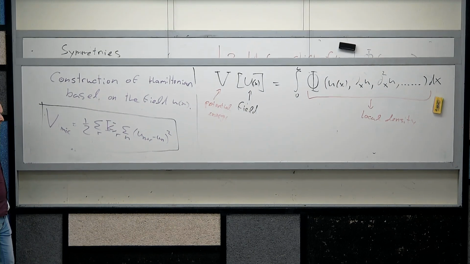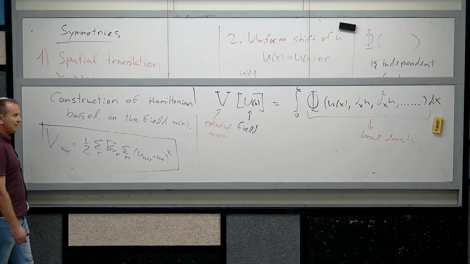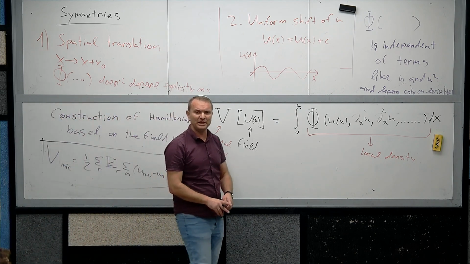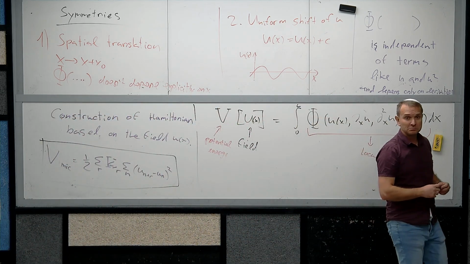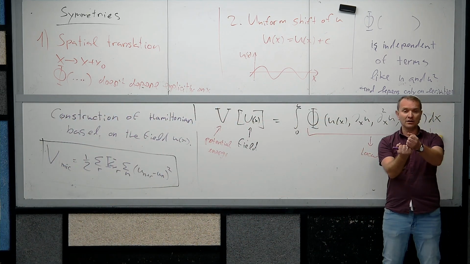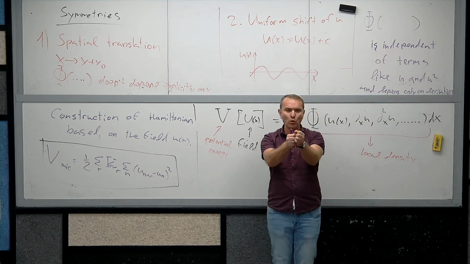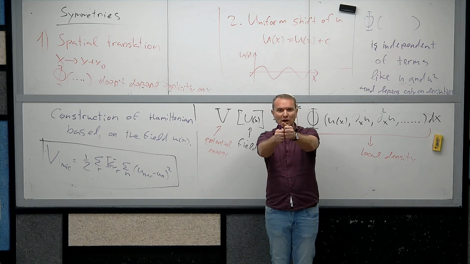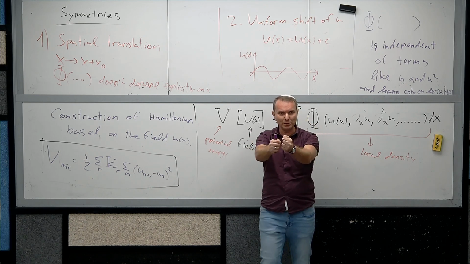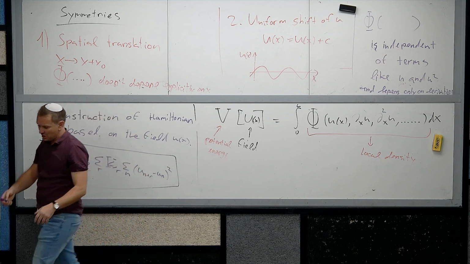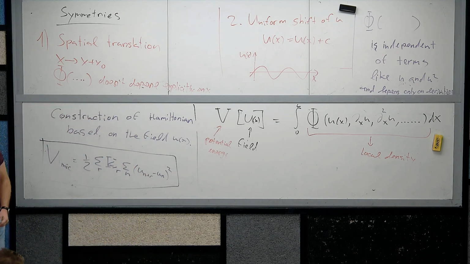Basically, what it says is, if I shift everything up or I shift everything down, the potential energy should be exactly the same. The only thing that matters are local distortions. So what matters is how this distortion is compared to the local other distortions close by. If everything is shifted up or everything is shifted down, it won't change the potential energy.